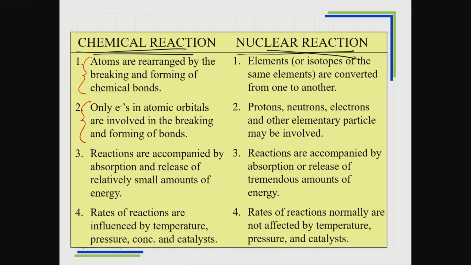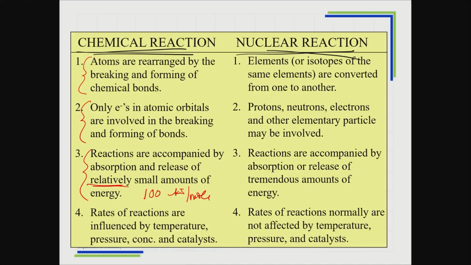This is something I didn't mention yet, but the absorption and release of energy is relatively small. When we're talking about chemical reactions, we are usually talking in the amount of 100, 200 kilojoules per mole. So it's not unusual to see a chemical reaction in the hundreds of kilojoules per mole. Compared to a nuclear reaction, that is nothing, okay?